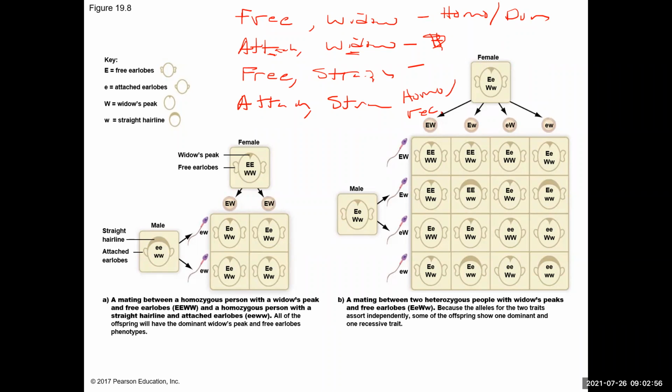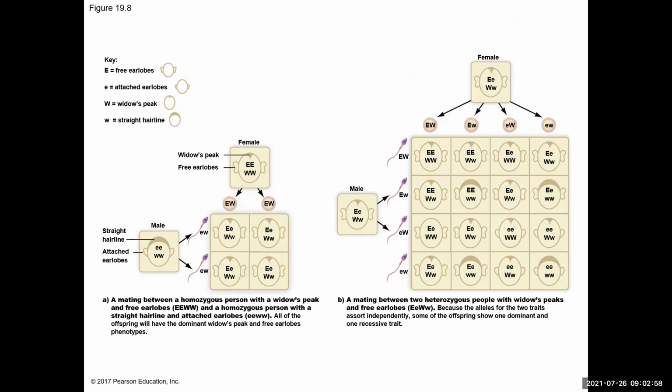And what you can do is go in and count these up, right? So basically, with the F2 generation on a dihybrid cross, the phenotypic ratio for those 4 combinations is going to be 9 to 3 to 3 to 1.